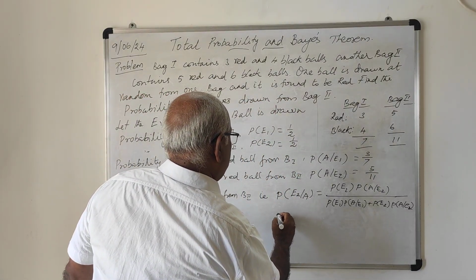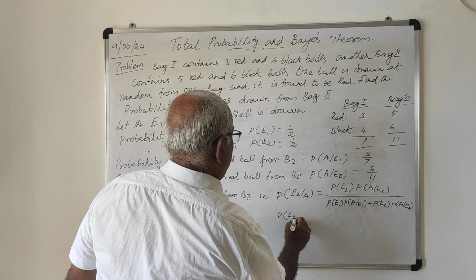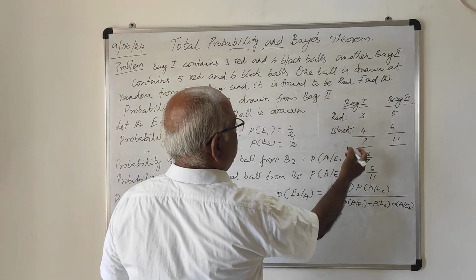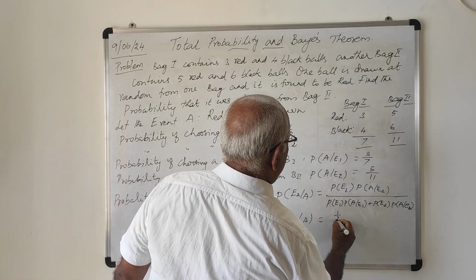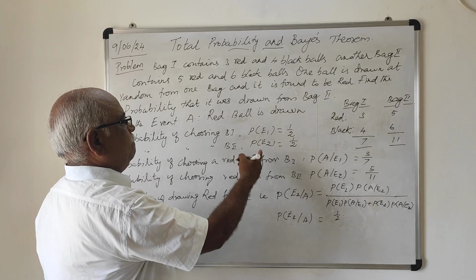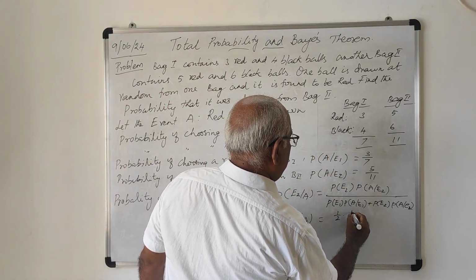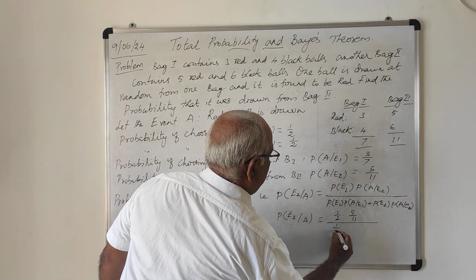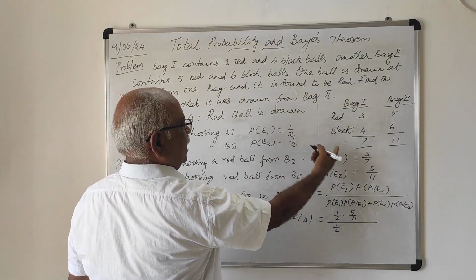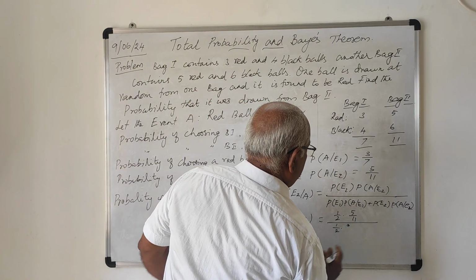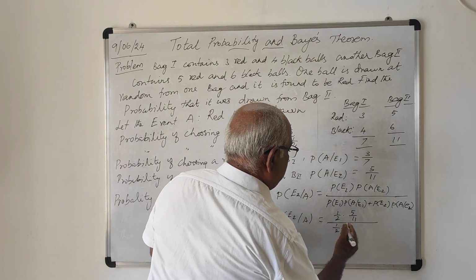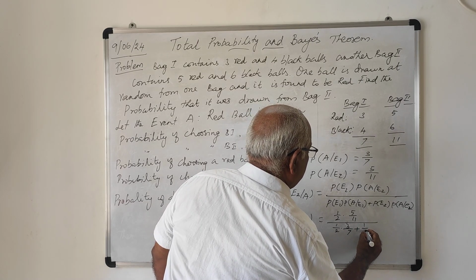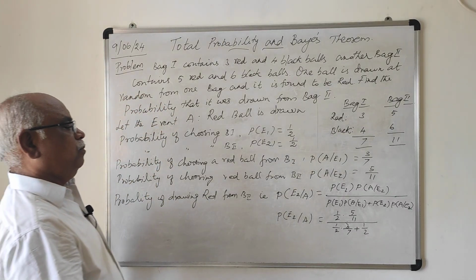Probability of E2 is 1 by 2, and the probability of a red ball from bag 2 is 5 by 11, divided by P of E1, 1 by 2, into the probability of a red ball from the first bag, 3 by 7, plus 1 by 2 into 5 by 11.